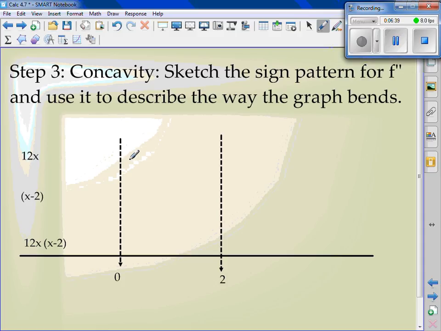Make a sign chart, putting in my zeros. At 12x, that's my 0. If I pick a number less than 0, what do I get for the 12x? Negative. If it's larger, it's positive. This one, the 0 is at 2. If I pick a number less than 2, this one is going to be negative.